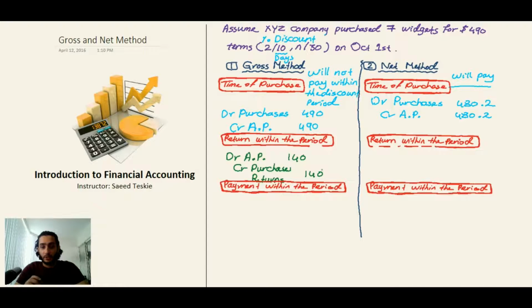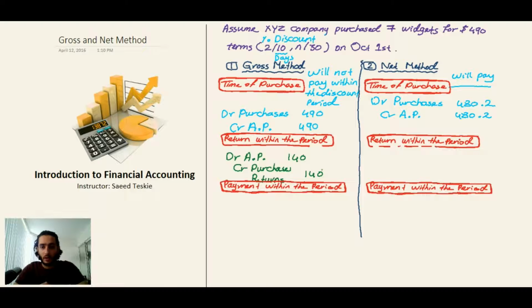So for now, just remember that to record a return or a discount, or let's say an allowance, we will credit a contra account for it. We will not use the purchases account to reduce any inventory.